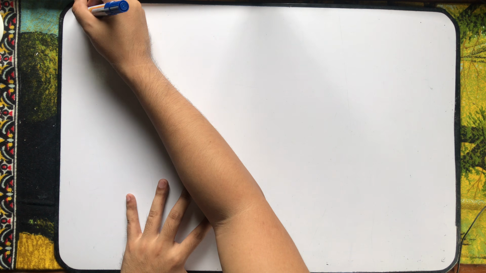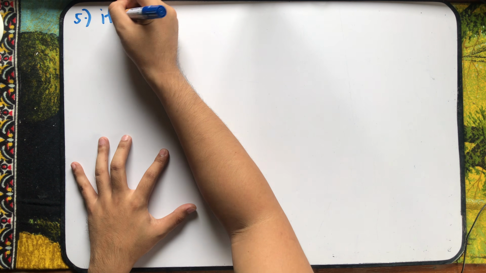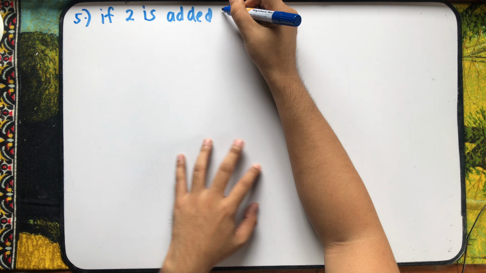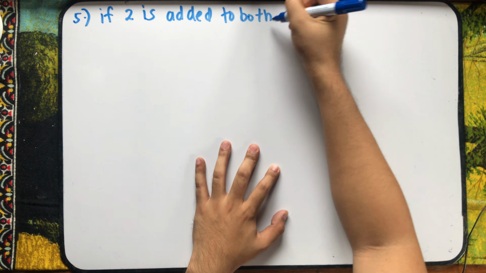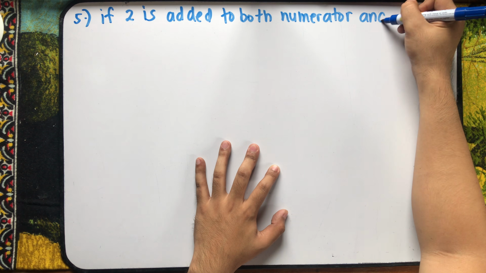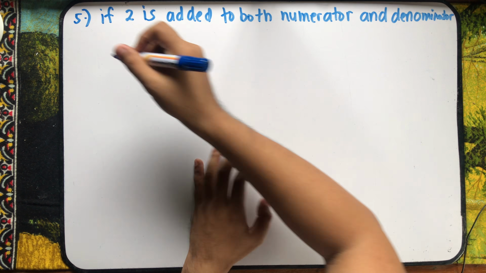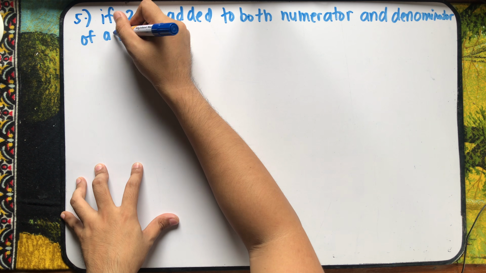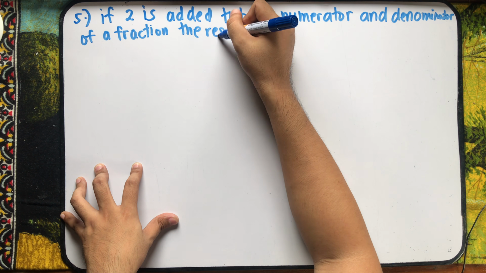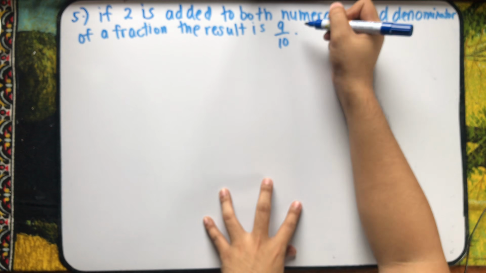For problem number 5, if 2 is added to both numerator and denominator of a fraction, the result is 9 over 10.